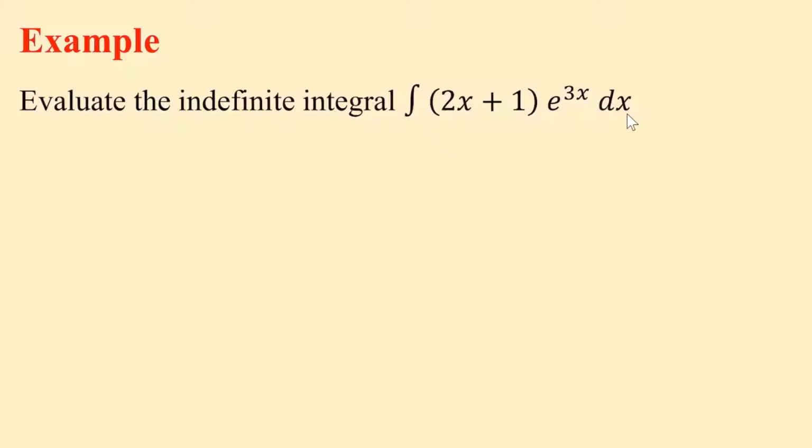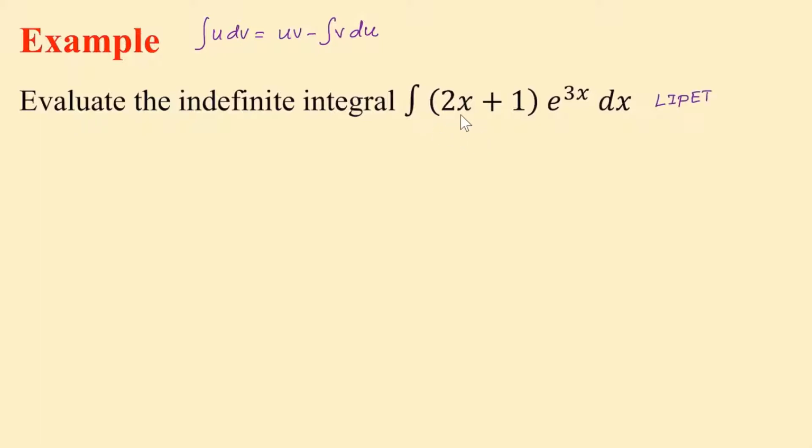Because the integral is given in the form of a product, we are going to use integration by parts, that is, the integration of u dv equals uv minus the integration of v du. Now we have to select what is u and what is dv. In order to do that, we use the acronym LIPET.